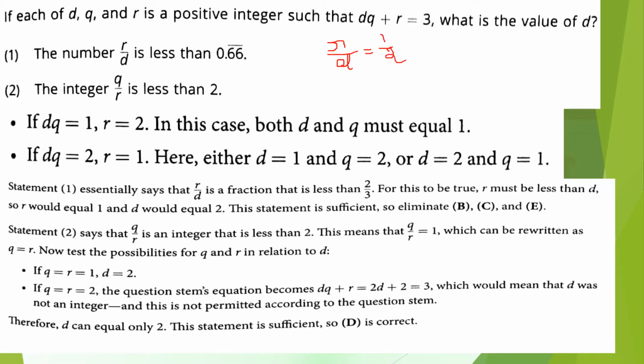Since r, d, q are all positive integers, I directly choose 1 by 2, which is nothing but 0.5. So r by d is the ratio 1 by 2, and 0.5 is less than 0.66.